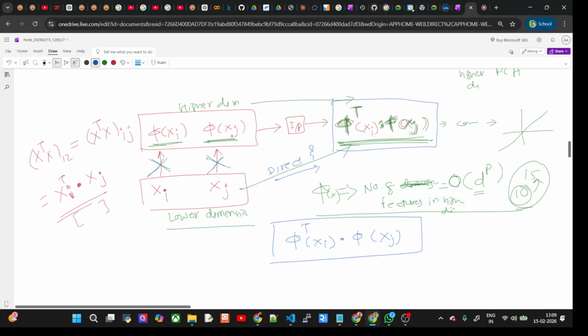I don't want to calculate phi of xi and xj, but I want to do this. Is it possible to calculate the dot product? That is the heart of the main thing in kernel PCA.